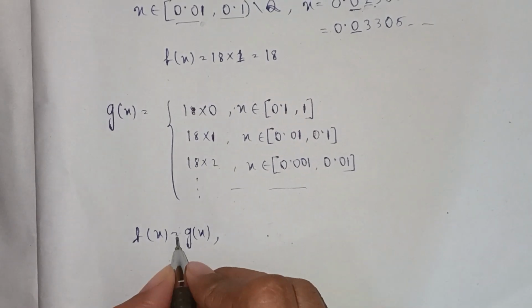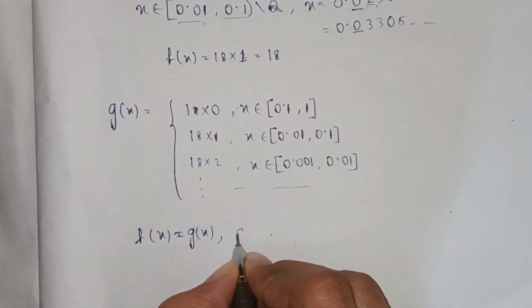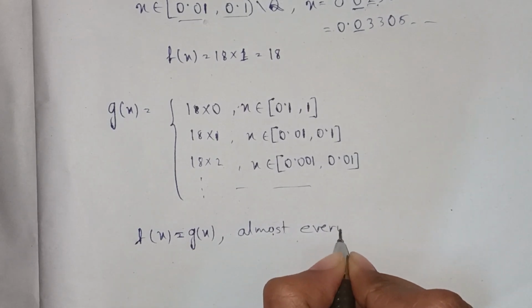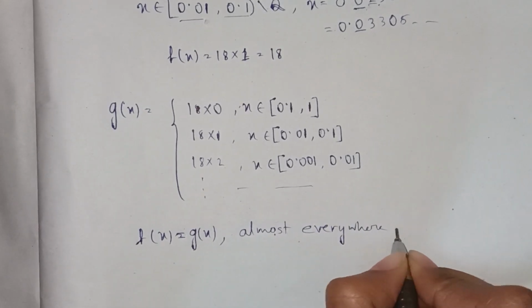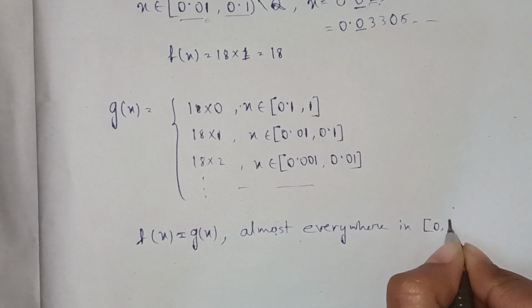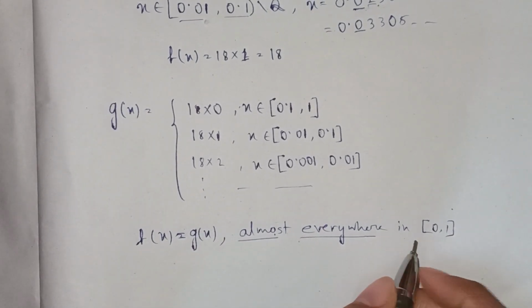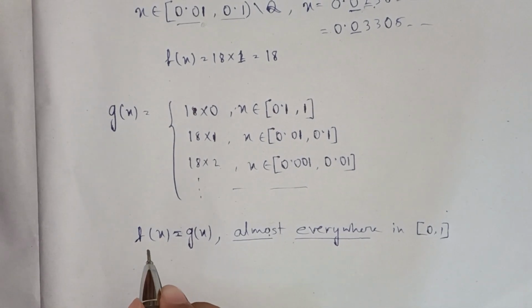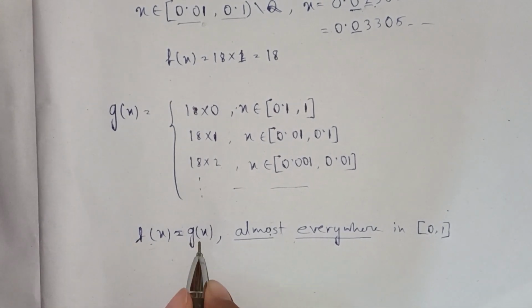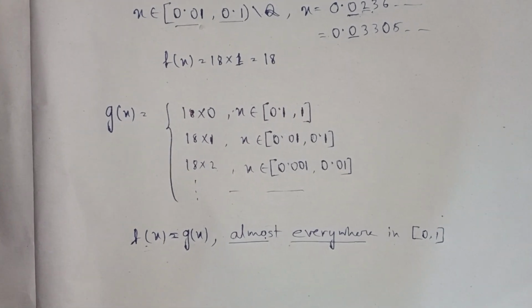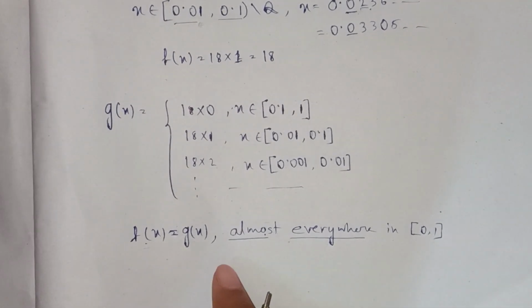So we can say that f(x) is equal to g(x) almost everywhere in [0, 1]. What does almost everywhere mean? That means the points at which f(x) is not equal to g(x), if we collect them as a set, the collection is a set of measure 0.